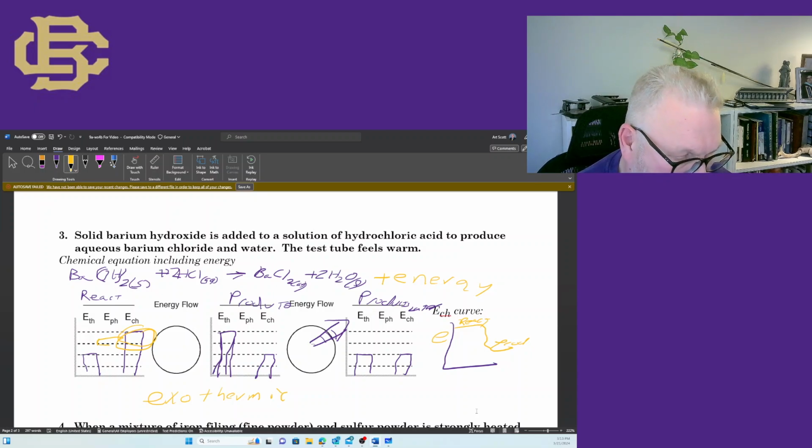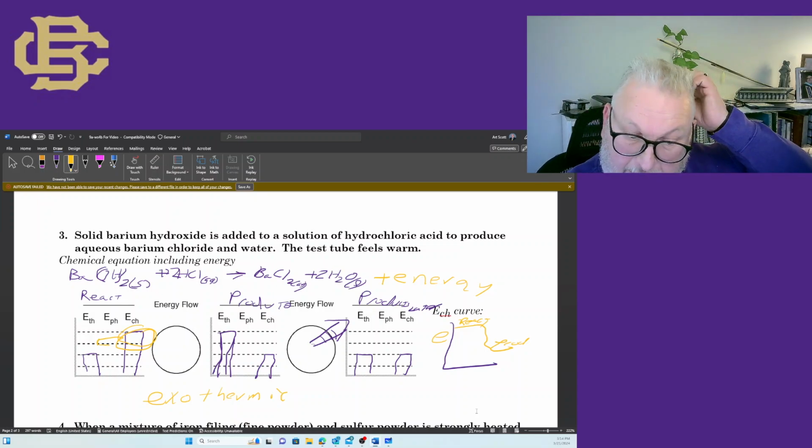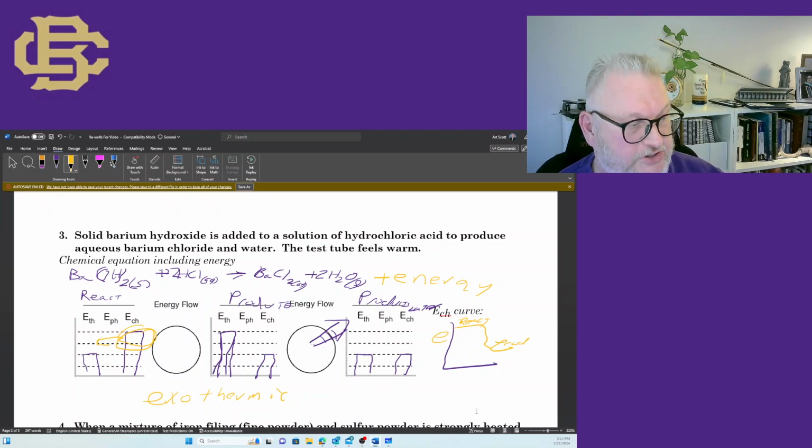Because when I increased the thermal energy, ETH, the system became warmer than the surroundings. And so there's an energy flow out of the system, okay, to the surroundings, and then ETH will return to its original level. And that way we're conserving energy, which we have to do in everything.